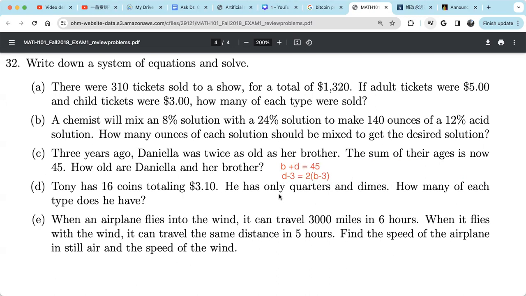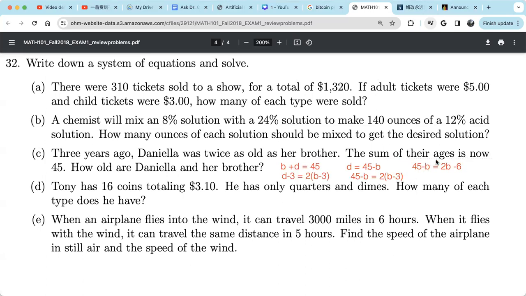So working with these two equations, D equals 45 minus B. And we substitute into the second one: 45 minus B equals 2 times B minus 3. So we just solve this equation. 45 minus B equals 2B minus 6.